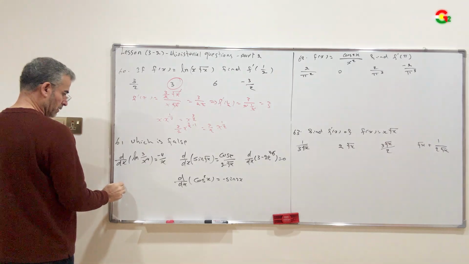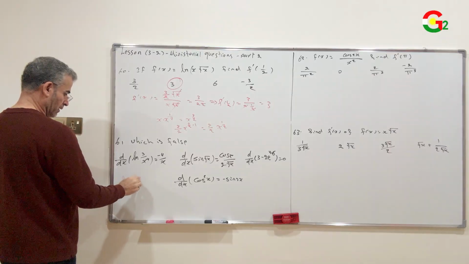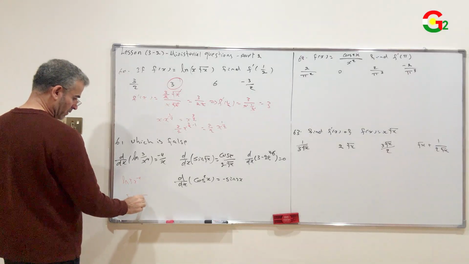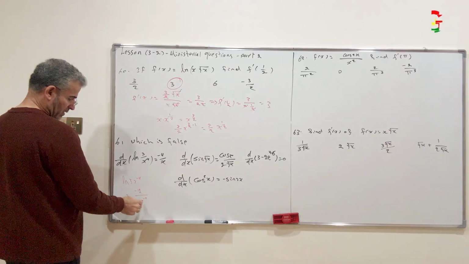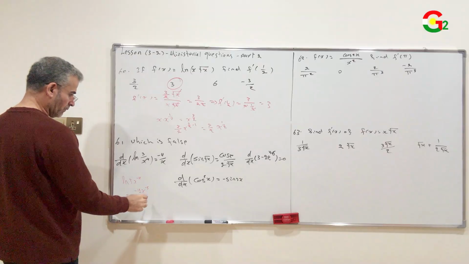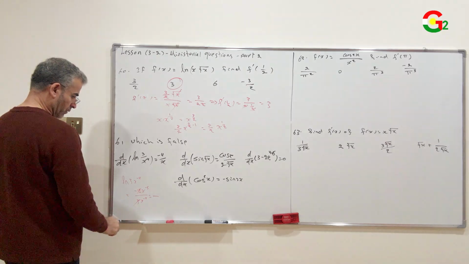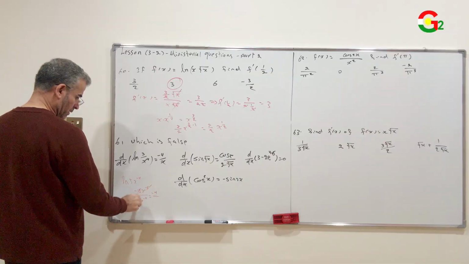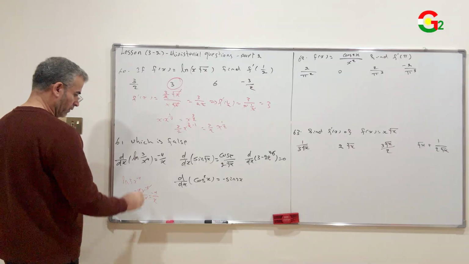Rewrite this function as ln of 3x to the negative 4 and find its derivative: 3x to the negative 4 in the denominator and negative 12 times its derivative, x to the negative 5, equal to, reduce 12 with the 3, negative 4, reduce negative 4 with negative 5, it will be negative 4 over x.